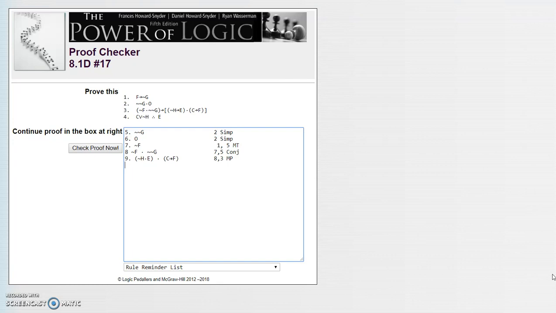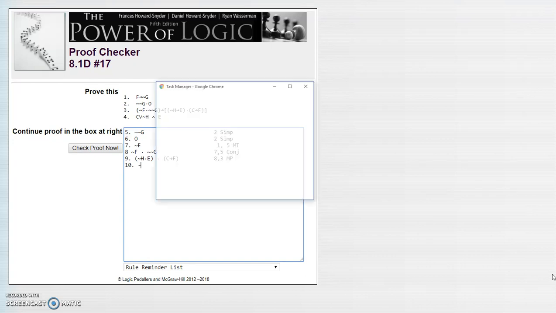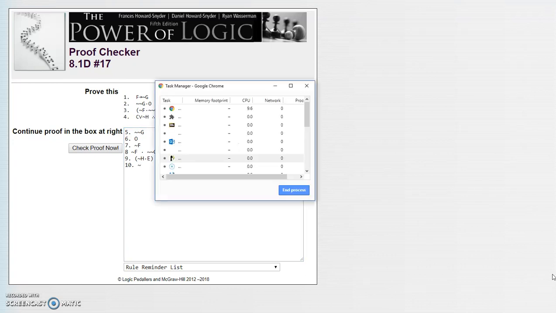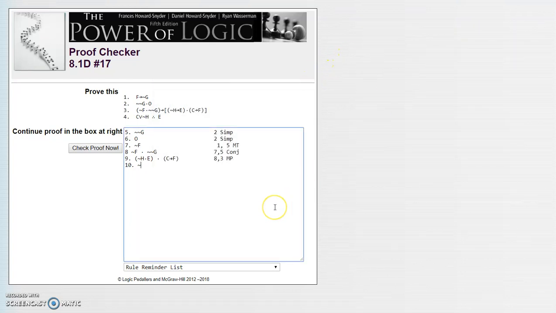Now notice something. We've got another conjunction. Remember what I said when you do have conjunctions? A good rule of thumb is take them apart. Now we have, oops, I seem to have something here that I don't want. Let's get rid of it. I think I have that not H then E, and that should be an arrow, not a dot.